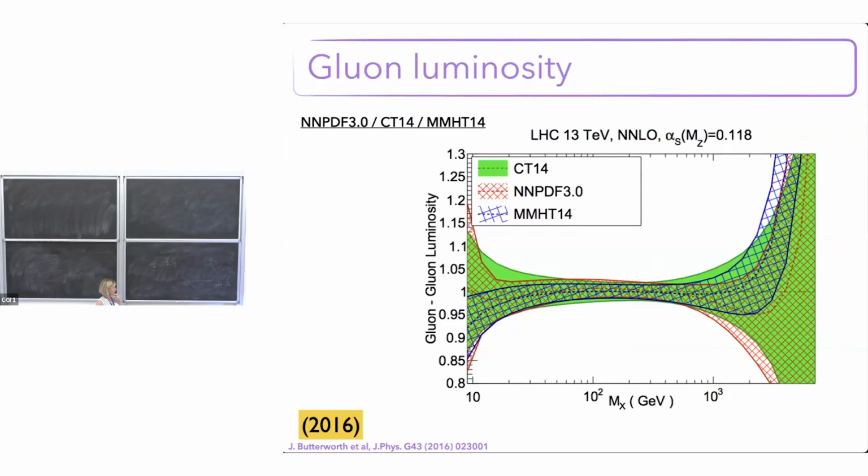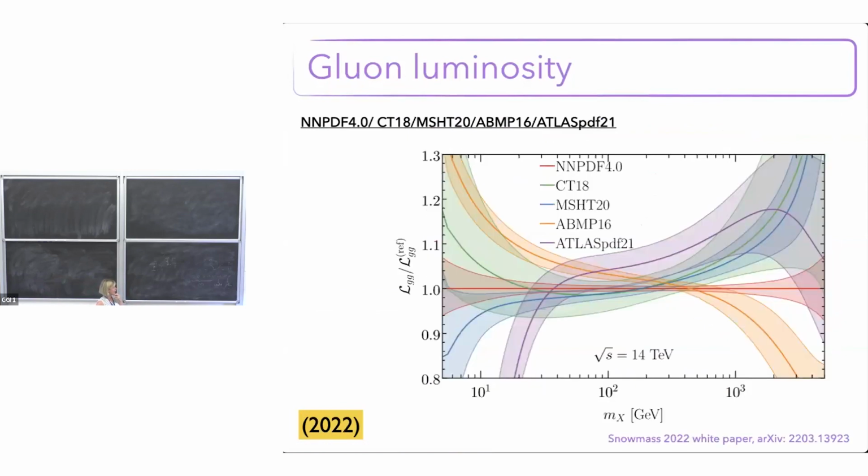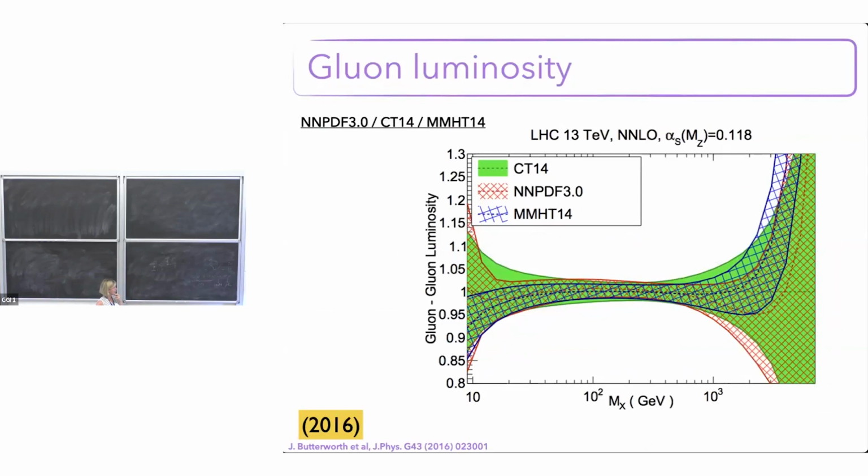So let's look at the different determinations. So there was a golden age, 2016, where all the PDF collaborations were living in peace and happy all together, and there were no fights at the conferences because everybody agreed on the gluon.